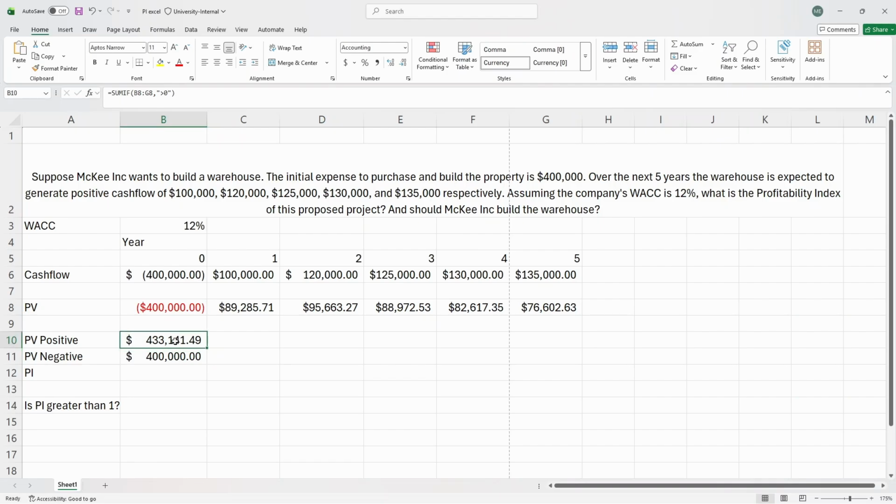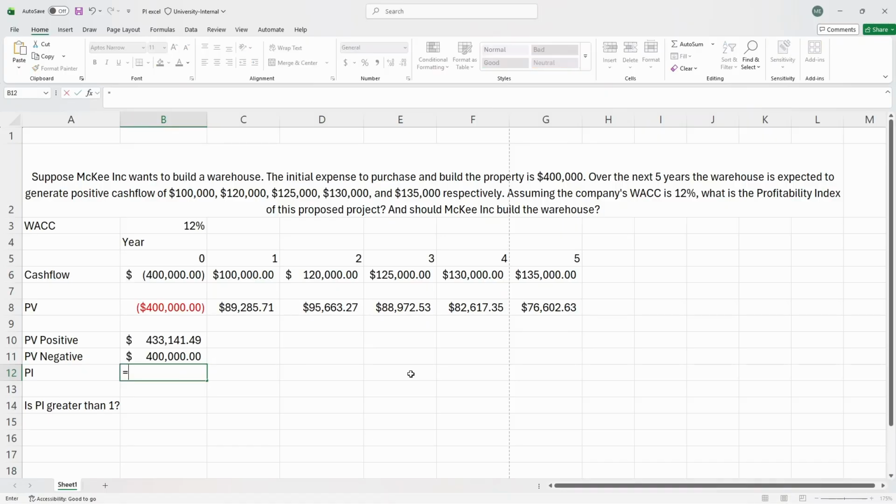So I have 433,000 of positive cash flows, and I have 400,000 of negative cash flows. I could have just grabbed this 1 year because that's the only year, but if there's a different question with negative cash flows somewhere else besides just that 1 year, this SUMIF construction will work regardless of what our years are here. So it is future proofing for future questions.